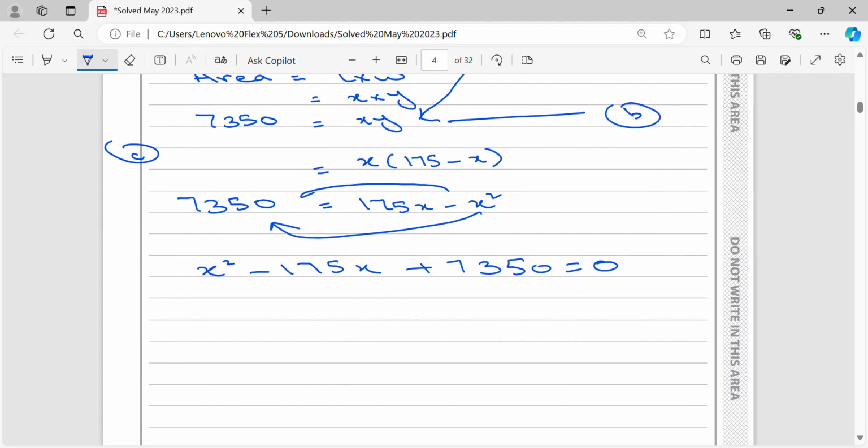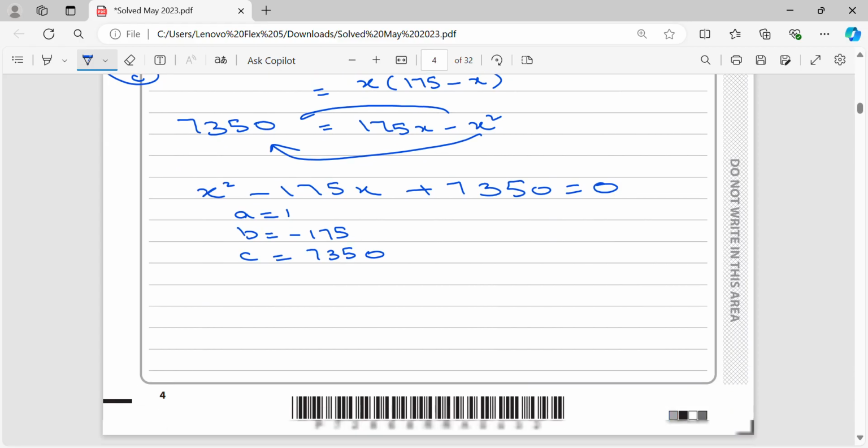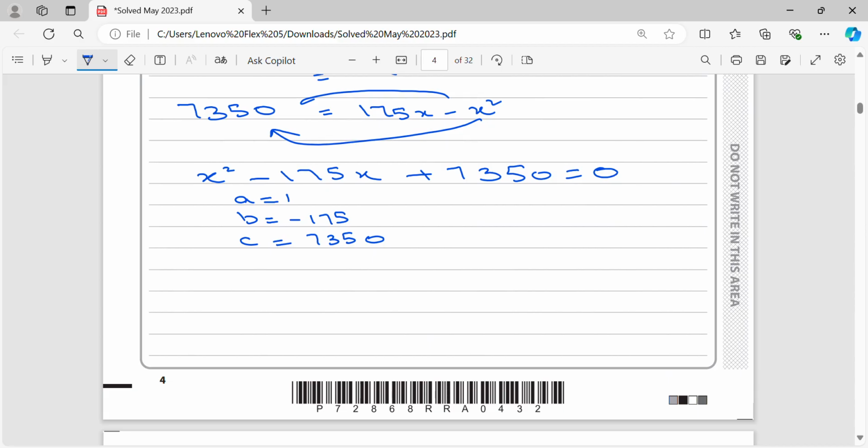Here I can factorize it, or I can use the quadratic formula. It's up to you. So I have a is 1, b is minus 175, and c is 7,350. If I use the quadratic formula, or you can straight away use a calculator. In the calculator, we do have a function where we can solve the equation and directly get the answer.